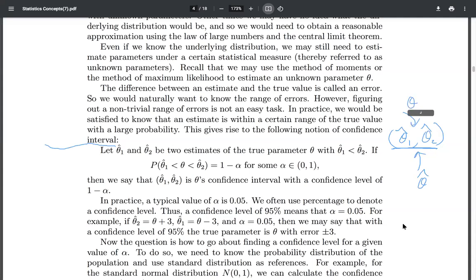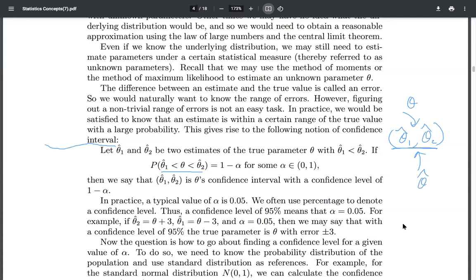I want to know my estimate is in this range and how confident you are. So we want to know the probability that your true value is between this lower bound and upper bound is equal to 1 minus alpha, and alpha is between 0 and 1.